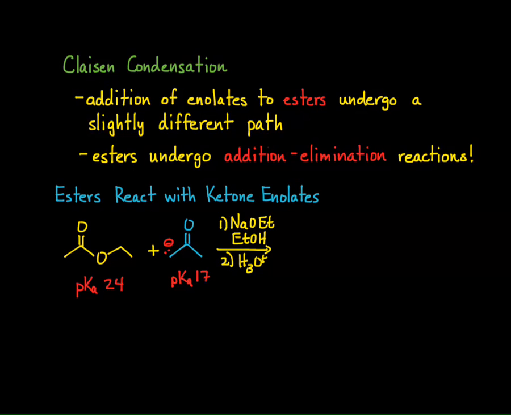Now that enolate can react with the ester. And the product looks like this. It is what we call a beta diketone. So let's take a look to see how that happens and why we lost that ethoxide group.